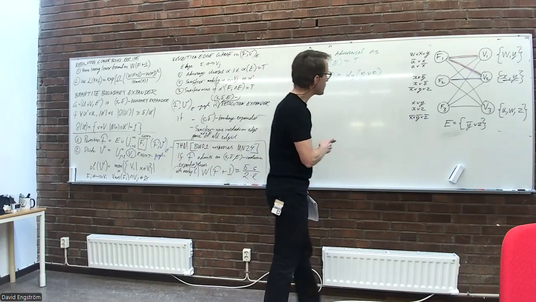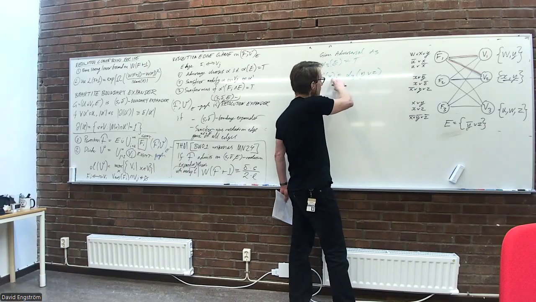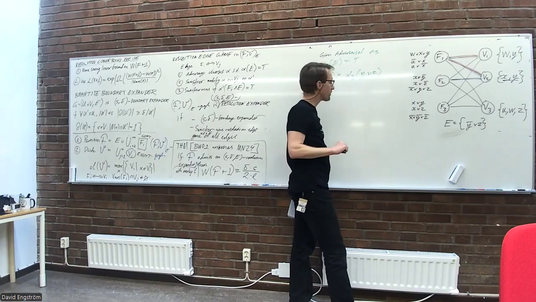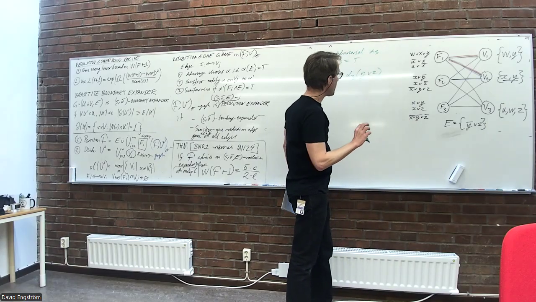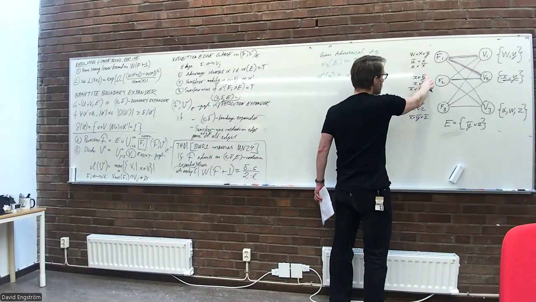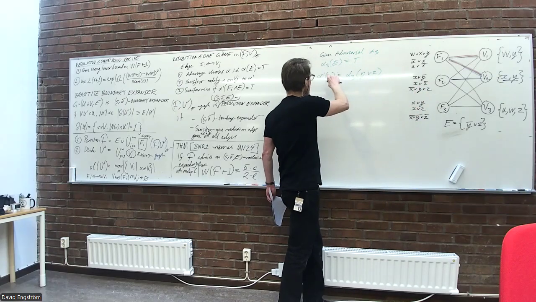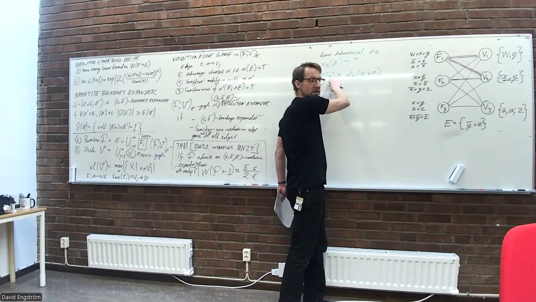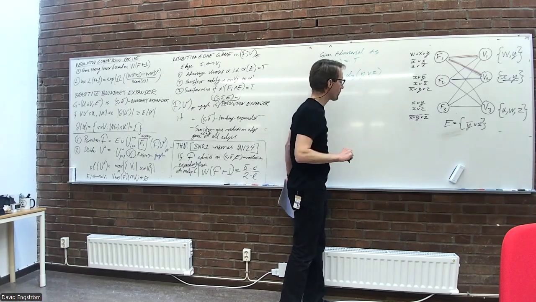And the reason for this is, well, these clauses encode exactly that X is the OR of Y and Z. Let's see if that's true. It's hopefully true unless I screwed up my signs. These clauses say that if X is false, then Y has to be false, and if X is false, then Z has to be false.